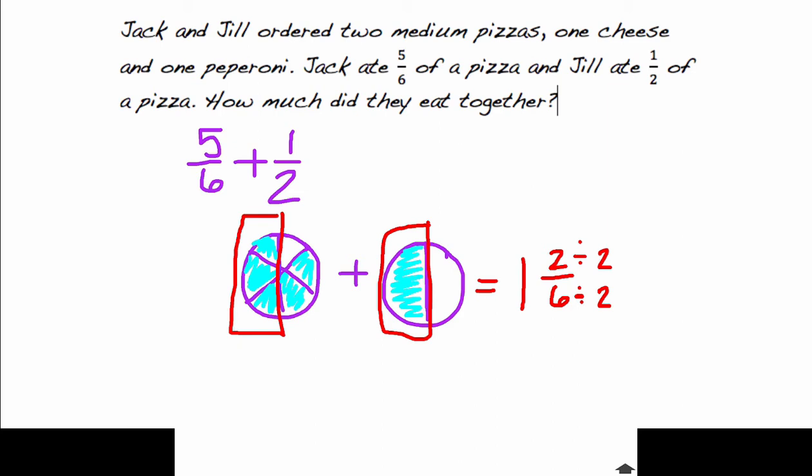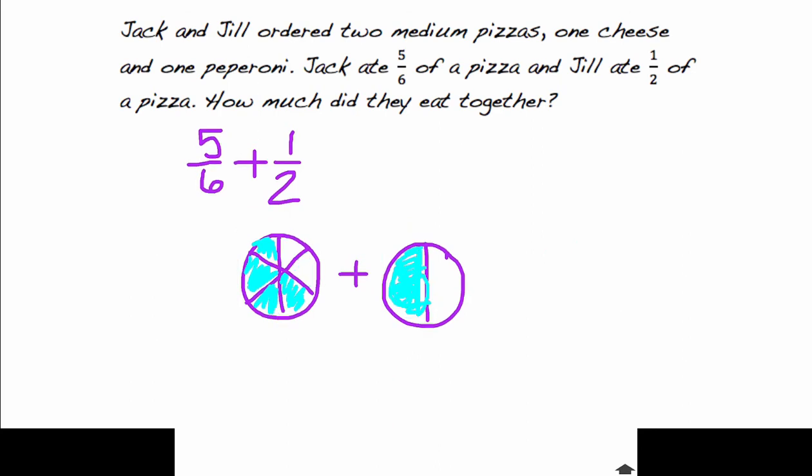So I'm going to divide both of those numbers by 2. My whole number 1 stays the same. 2 divided by 2 is 1. 6 divided by 2 is 3. So in total, Jack and Jill ate 1 1/3 of the pizza.